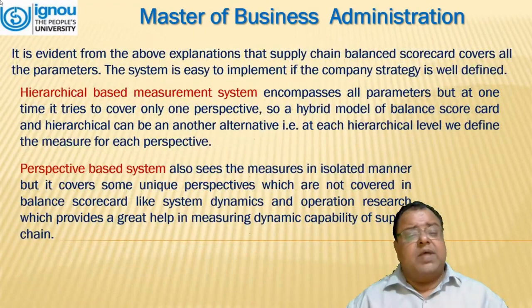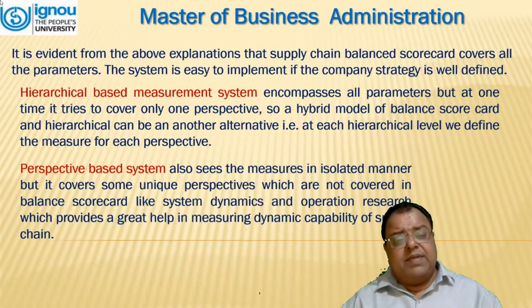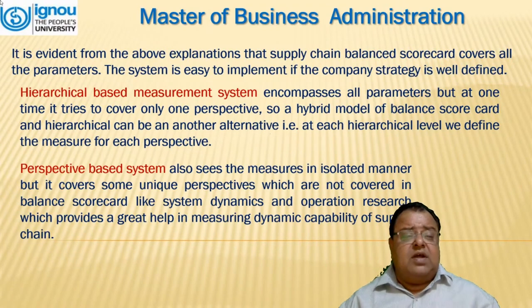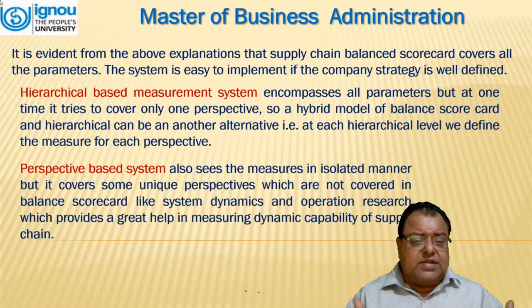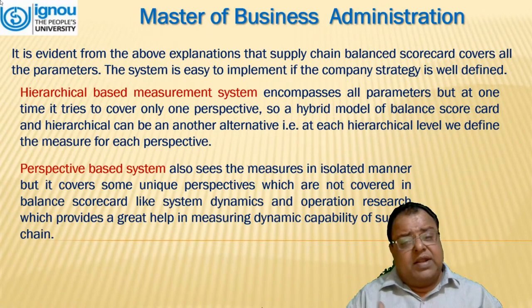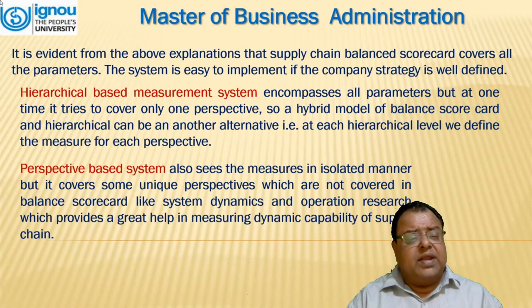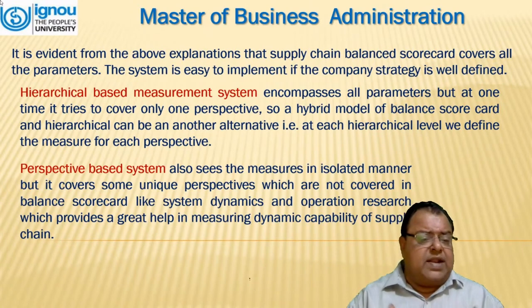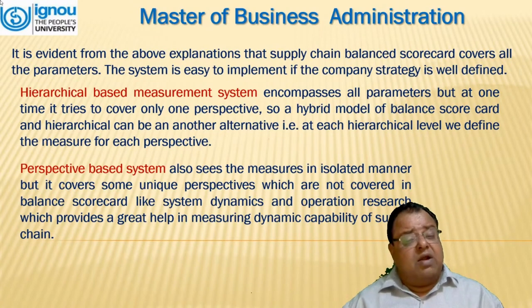It is evident from the above explanation that the supply chain balanced scorecard covers all the parameters. The system is easy to implement if the company strategy is well defined. A hierarchical based measurement system encompasses all parameters, but at one time it tries to cover only one perspective. So, a hybrid model of balanced scorecard and hierarchical can be the other alternative.